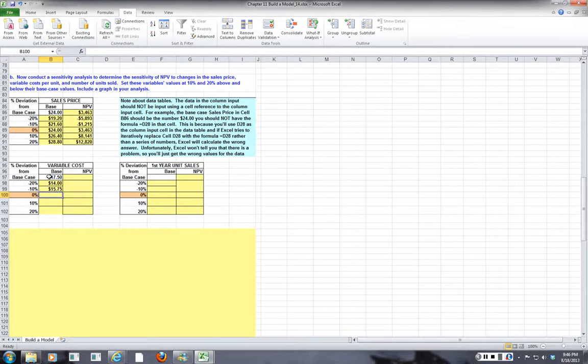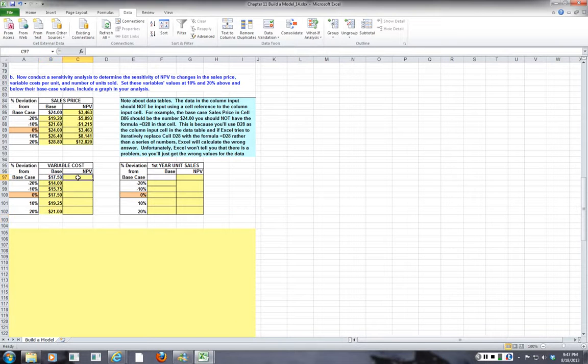And of course, if it's zero, it's $17.50. And then if it goes up by 10%, we're going to multiply that by 1.1, and that's $19.25. I just kind of like to check my numbers all the time. And 1.2 goes up to $21.